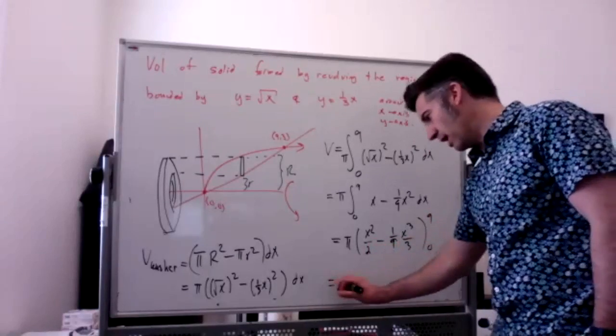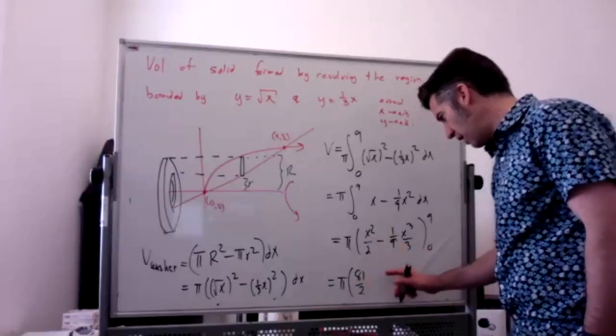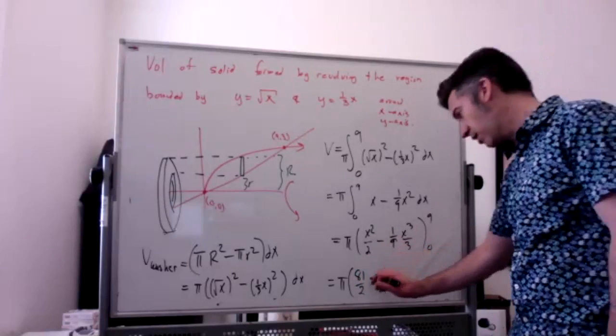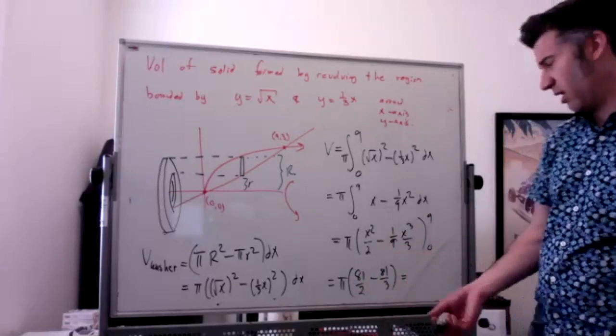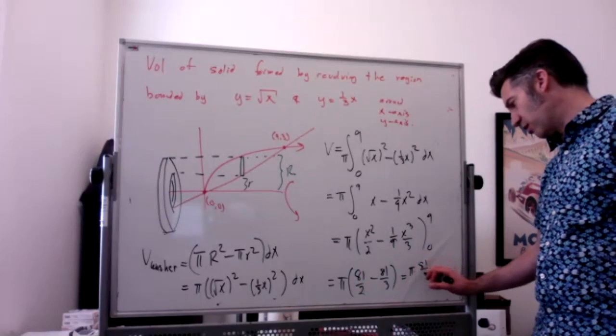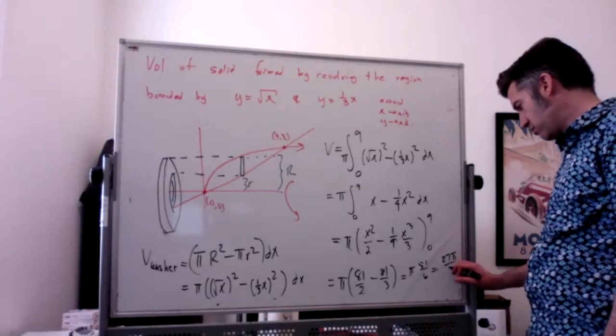And then you plug in 9, and you get pi times 81 over 2. And 9 cubed divided by 9 is 9 squared, which is 81 over 3. And this would simplify to something. I think it simplifies to pi times 81 over 6, which is 27 pi over 2.